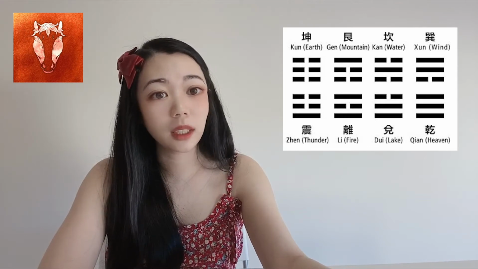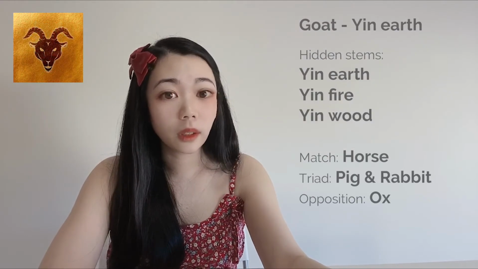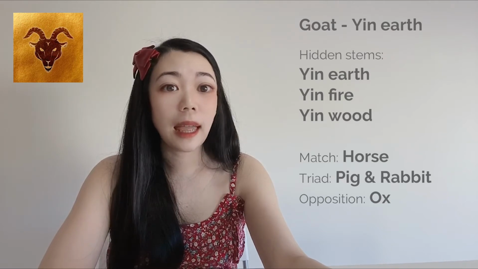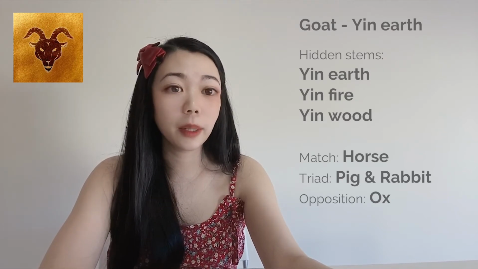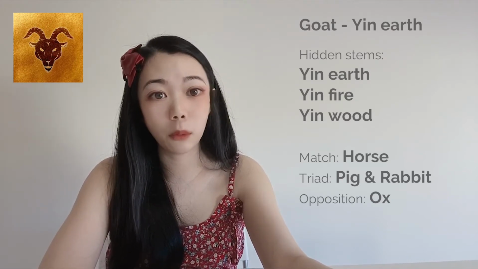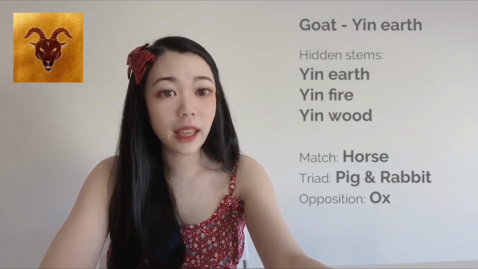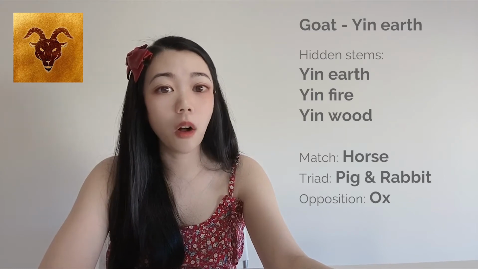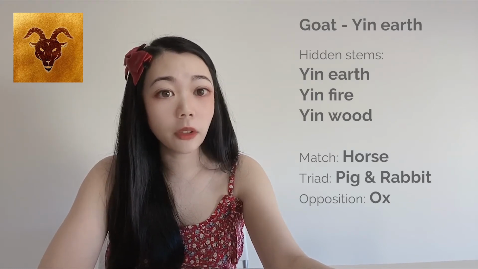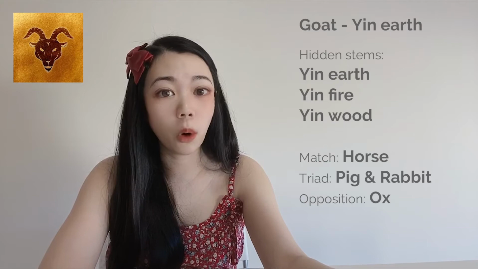Now let's come back to the last zodiac, goat. Goat is yin earth, and it has 60% of yin earth, 30% of yin fire, and 10% of yin wood. Remember what we said in the last episode: earth elements in the earthly branches are all storehouses. Goat is one of them. It stores wood.